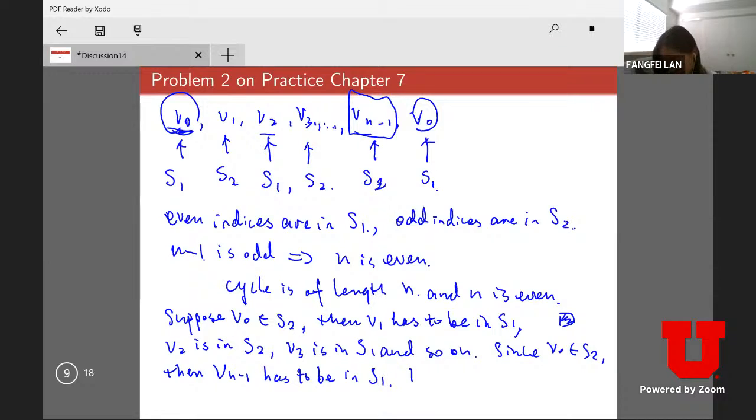Okay, in other words, let's say vertices with odd indices are in S1.